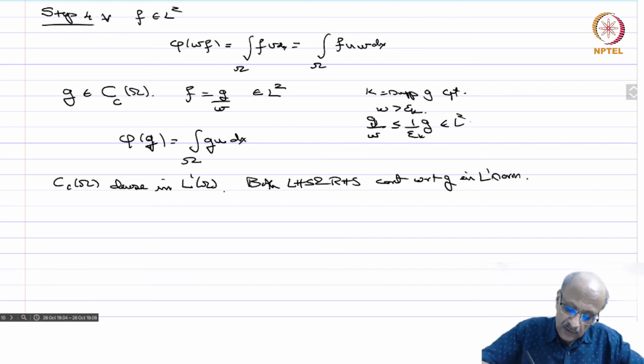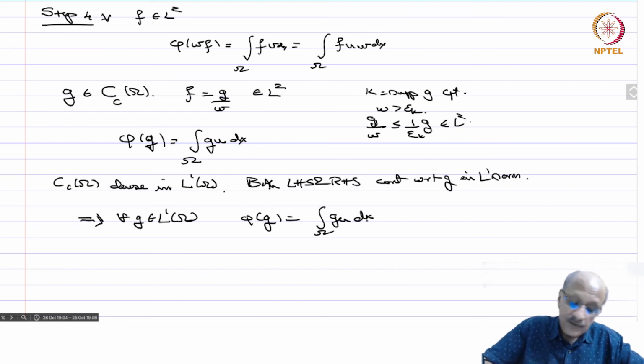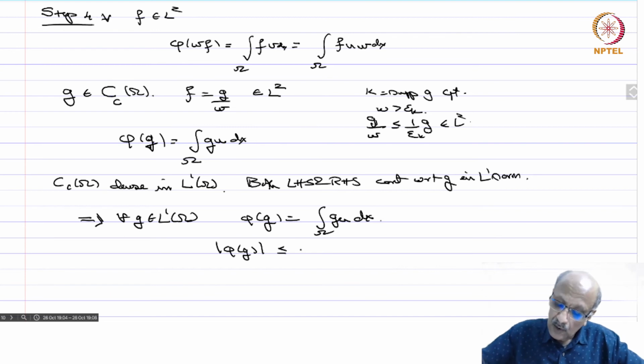And therefore this implies for all g in L1 of omega, you have phi g equals integral over omega of gu dx. Okay, and mod phi g is less than or equal to, by the Hölder inequality, norm g in L1 times norm u in L infinity, which is less than or equal to norm phi times norm g in L1.